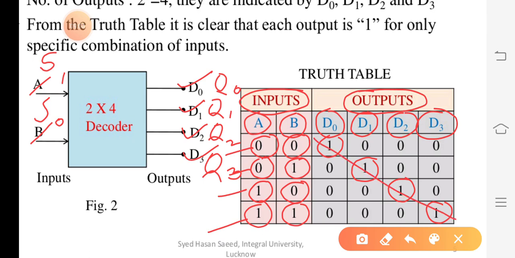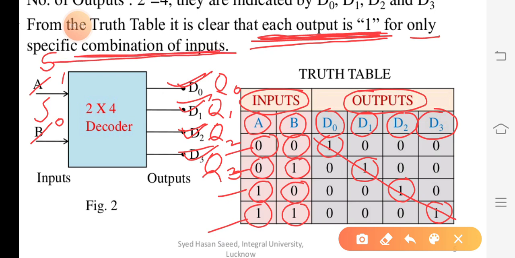And according to the definition, we said that it is clear that each output is 1. Each output, that is D0, D1, D2 and D3, is 1 for only a specific combination of input. Means if we take any specific combination, suppose I have taken this combination 0 0, so only this will be active.